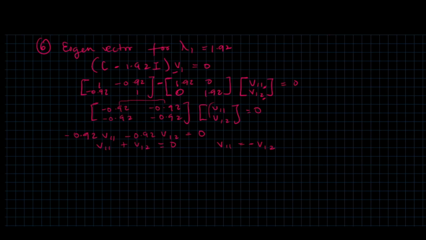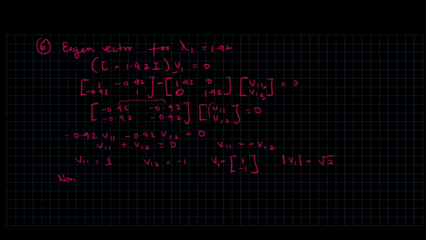Now you can take a very small value, you can equate V11 to a very small value, equated to 1, and therefore V1 is equal to 1 and negative 1. Find the magnitude of this. You'll see why shortly. So this is actually for V1, right? The magnitude of this is simply root 2, because 1 squared plus negative 1 squared, squaring everything, is root 2.